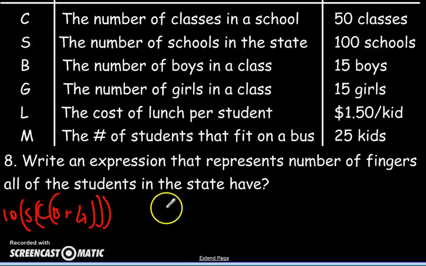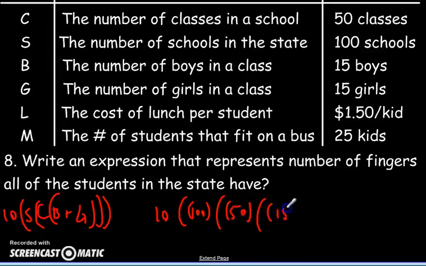We can calculate that. That's 10 times 100 times 50 times 15 plus 15.